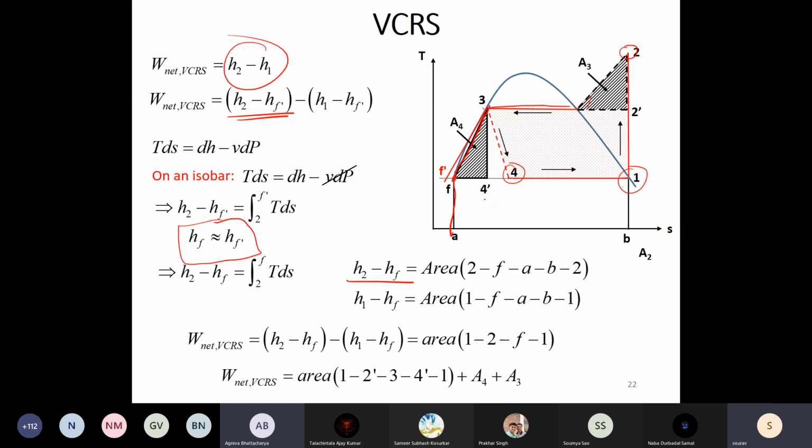Okay, and H1 minus HF is this particular area. Now, if you subtract those two, what you end up with is this as the net work done.